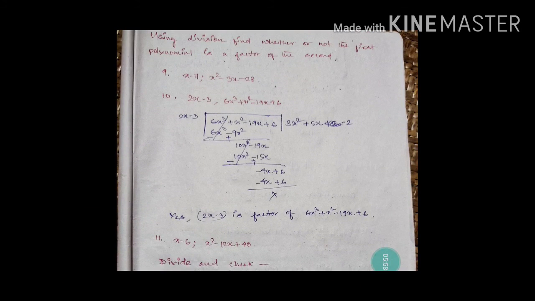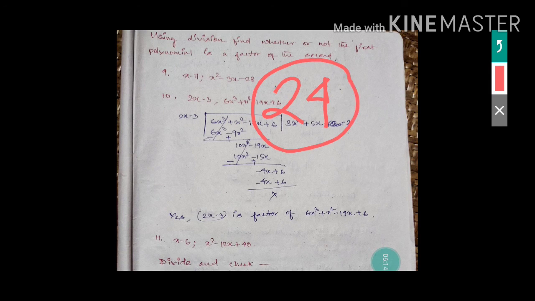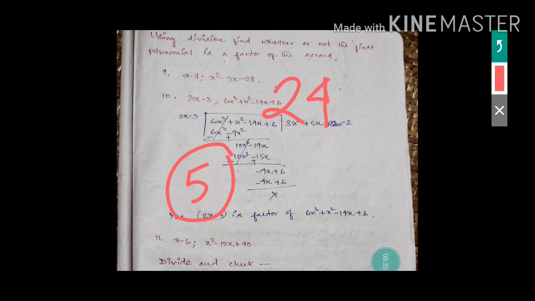See question number 9. Using division, find whether or not the first polynomial is a factor of the second. In this case, listen carefully to one thing. What does factor mean? Suppose 24 is a number. What are the factors of 24? If I say 5 is a factor of 24, is it true or not?